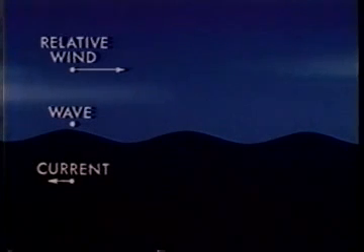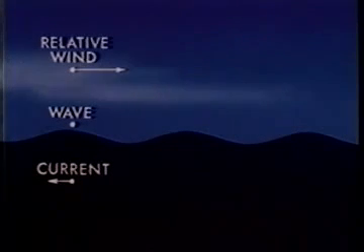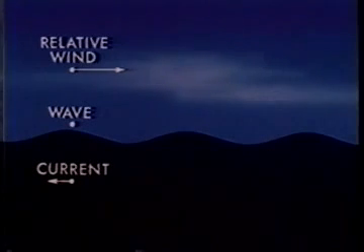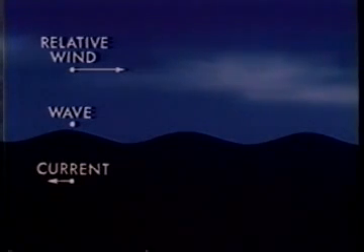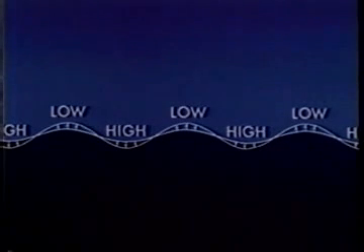It is the relative wind velocity which determines the pressure on the waves. The pressure will be low at the crests and high in the troughs. This distribution of pressure tends to increase the wave height, were it not for gravity and surface tension, which tend to flatten the waves.